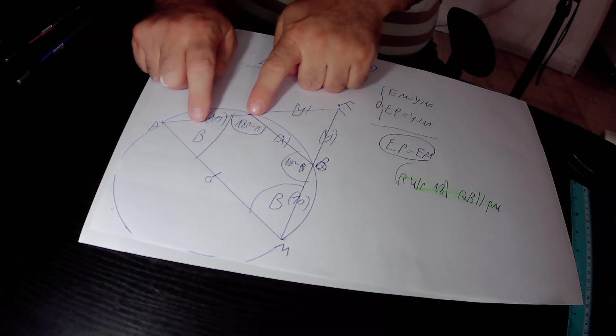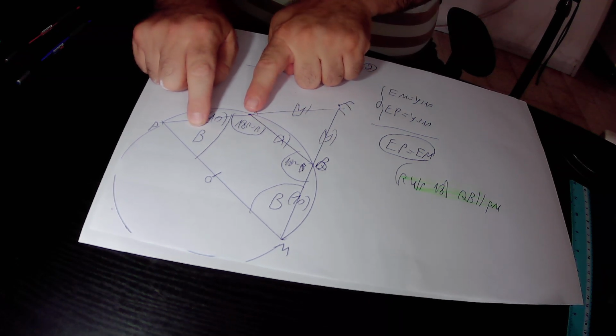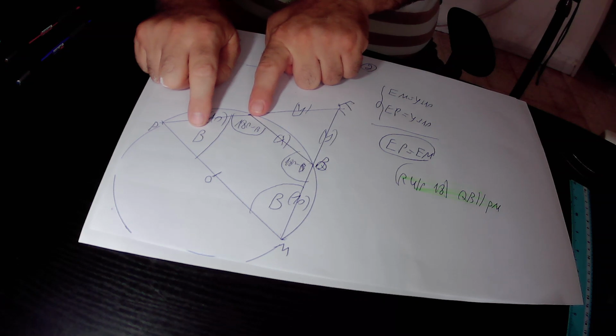So those two angles are defined as one-sided interior angles. The sum of those two angles is 180 degrees. Why? Because 180 degrees minus beta plus beta is 180 degrees.